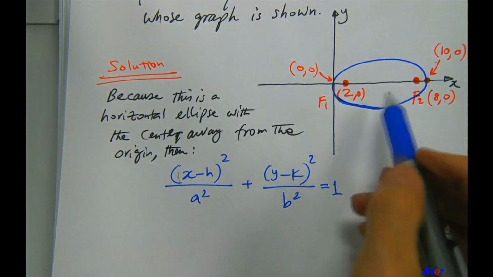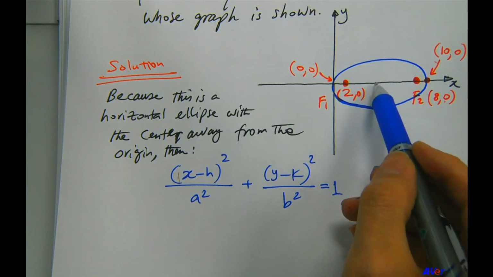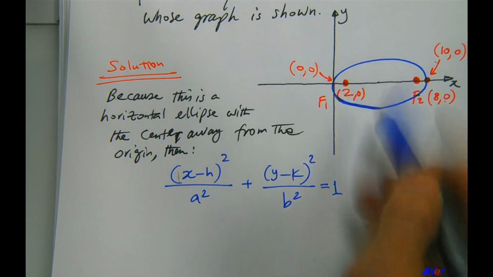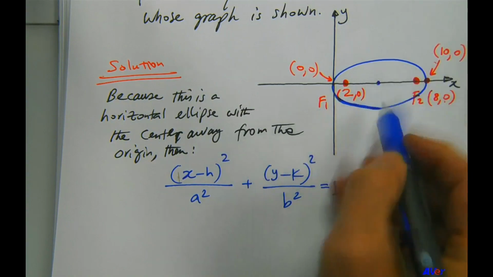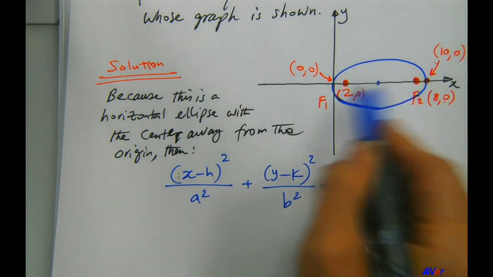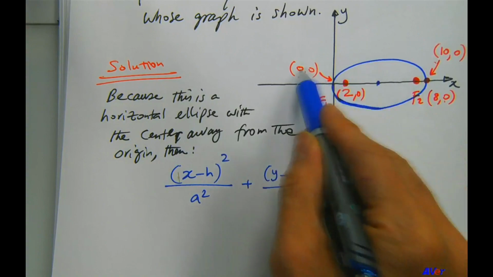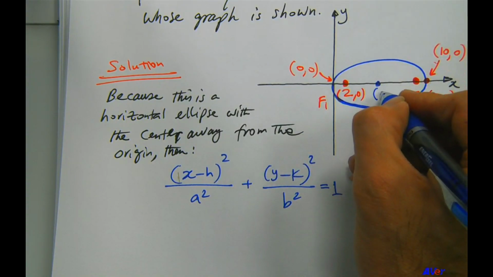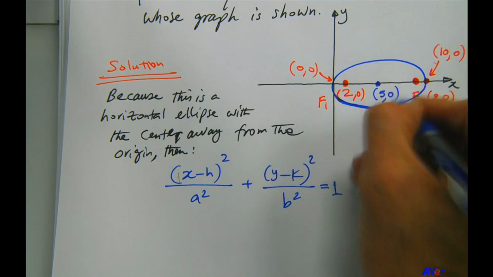Now, the a, we already know where the a is, right? So the center is going to be halfway between the two vertices, 0, 0 and 10, 0. So the center of this ellipse is at 5, 0.